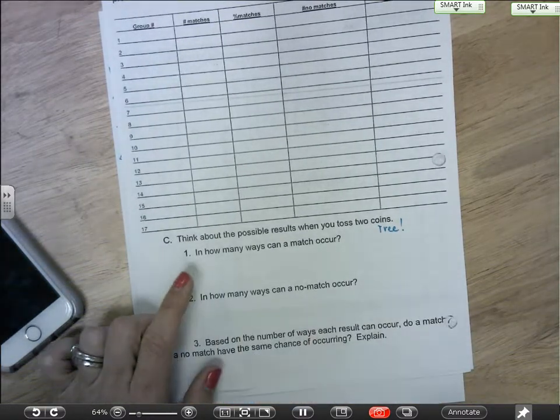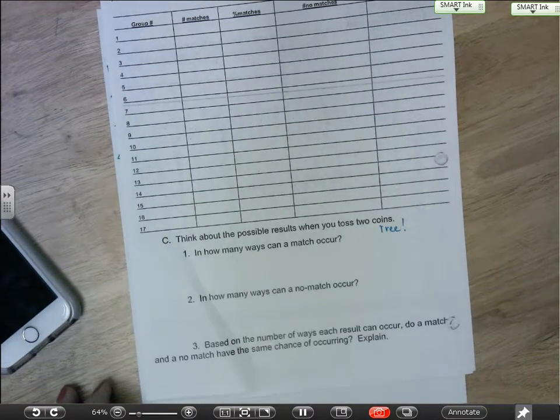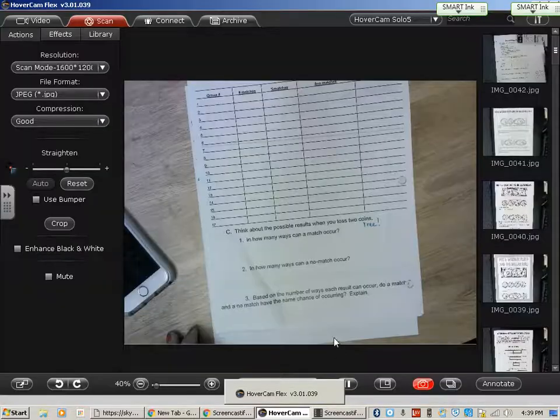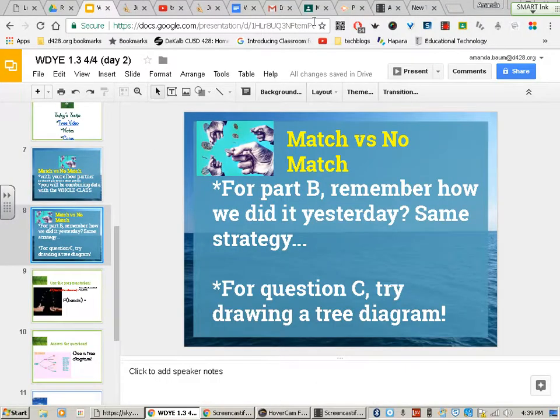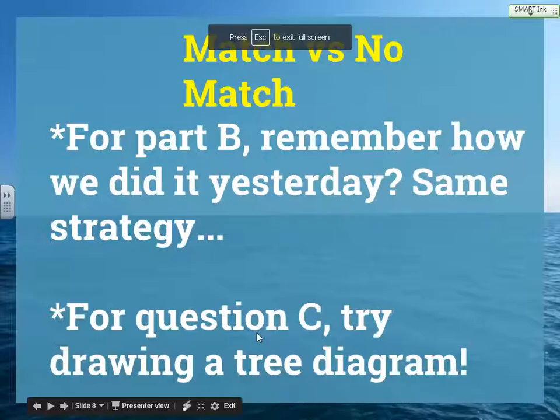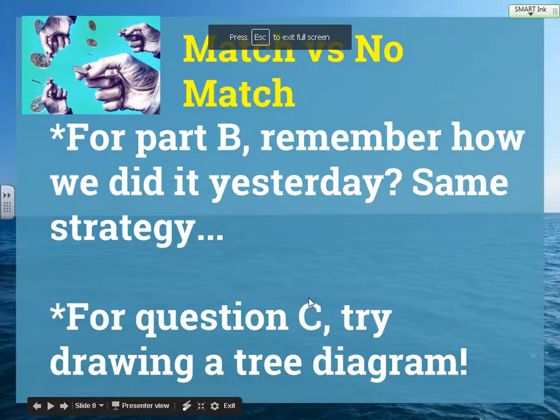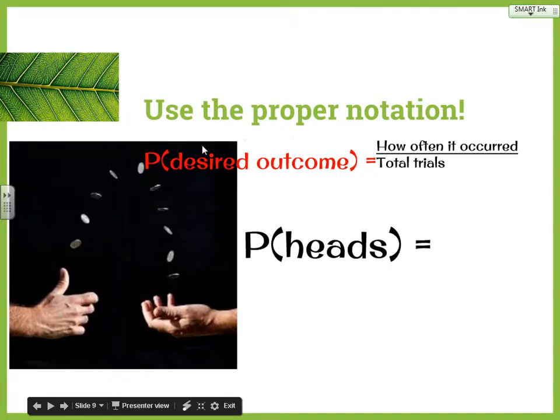Now up here, I want you to be sure that you're using the proper notation. So remember, when we're talking about the probability of a match, you should be using this proper notation. So if I'm talking about a match, that's my desired outcome.